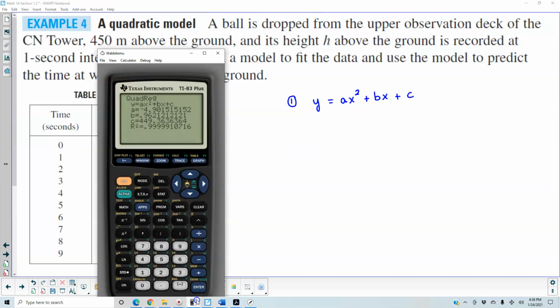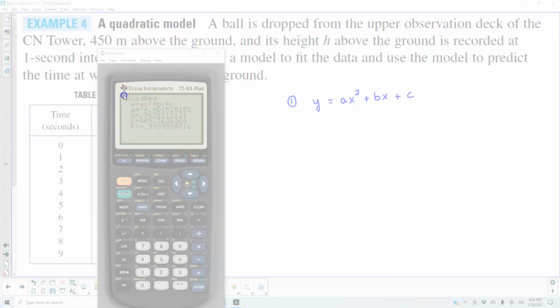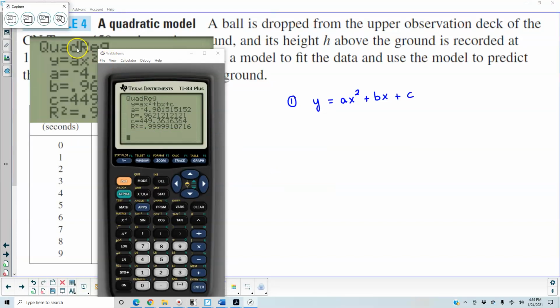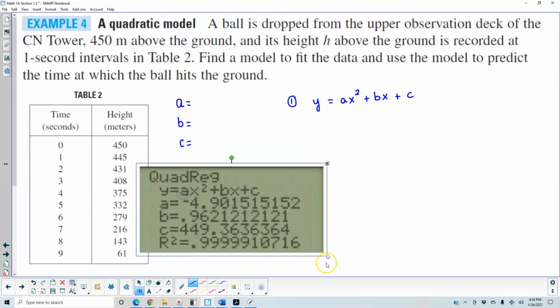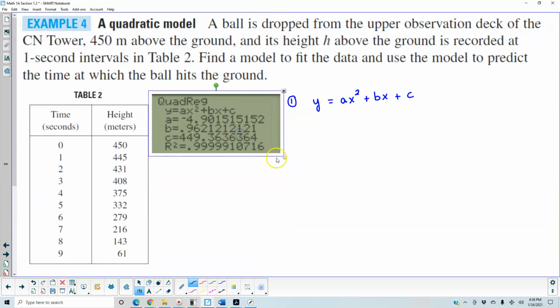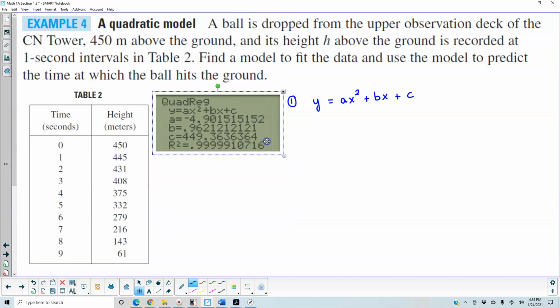So let me go ahead and copy that information. By looking at this, we know that a is negative 4.90, b is 0.96, and c is 449.36. So let's go ahead and plug that in.